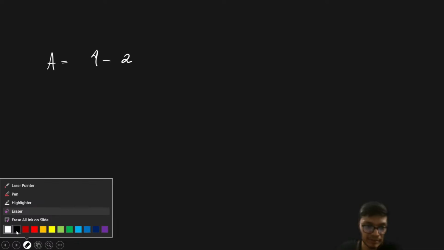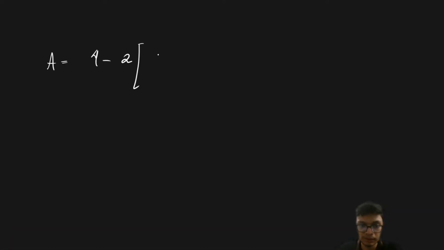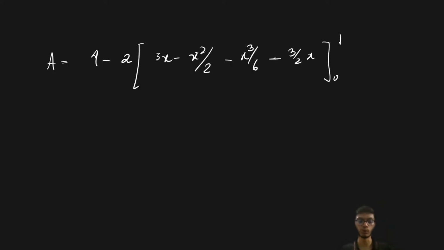So our area from here is going to come out as 4 minus 2 times the integral within the bound 0 to 1. Let us try to integrate it and then put in the limit. It is very simple, just an algebraic integral. It is going to be equal to 3x minus x square by 2 minus x cube by 6 minus 3 by 2 x, within the bound 0 to 1.